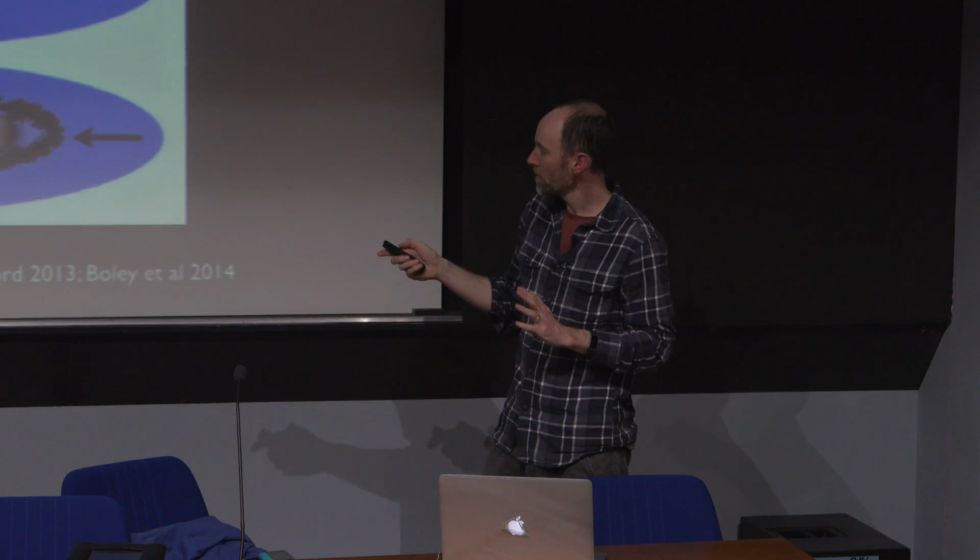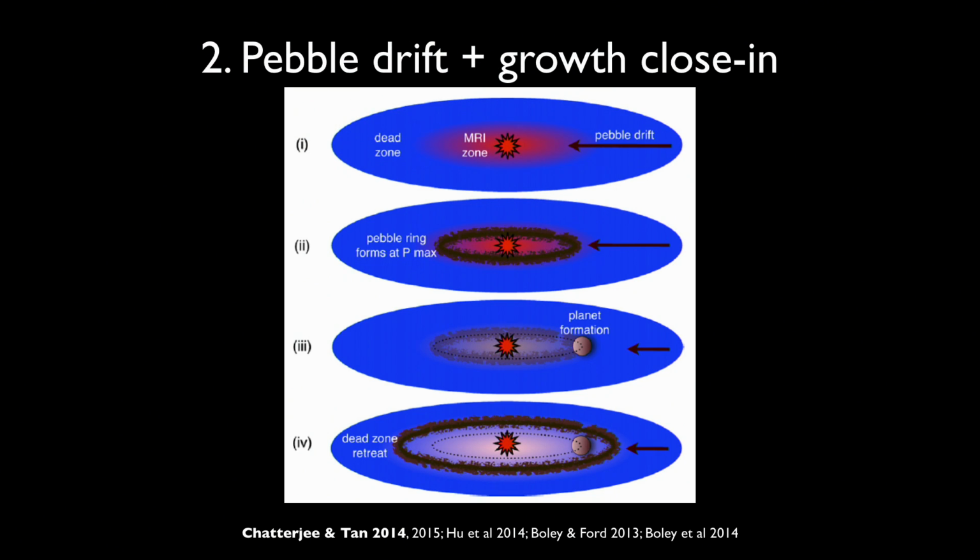So the planets, like I said, would actually grow close in, but the material would have been sourced from further out. So it's not the same as in situ growth. It's stuff that drifts in and then grows close in. So I think it's a plausible model. It remains to be demonstrated whether it really works, but the idea is pretty nice.